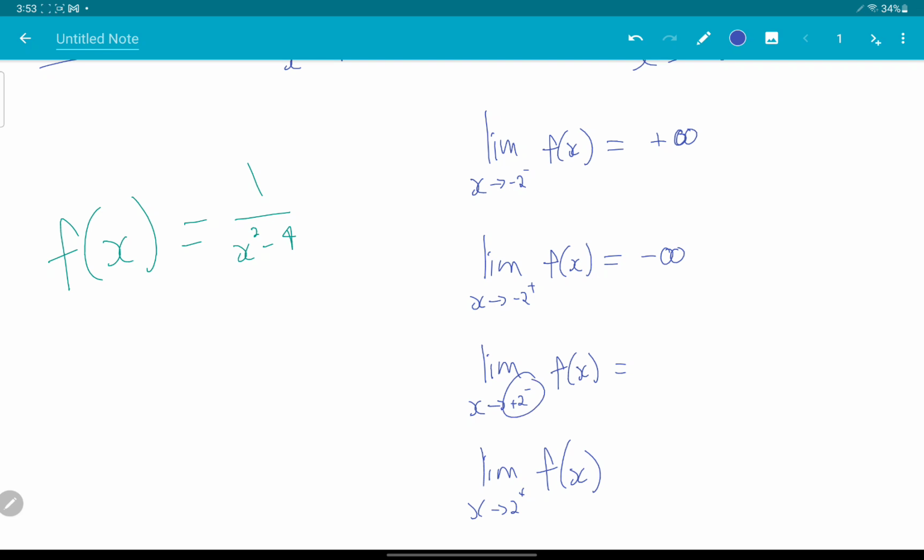Now here I have something just below 2, say 1.9 to help you think. This denominator will be negative, so we have minus infinity here. And finally, we'll have plus infinity for the last one, because I have something a bit bigger than 2, so this denominator becomes positive.